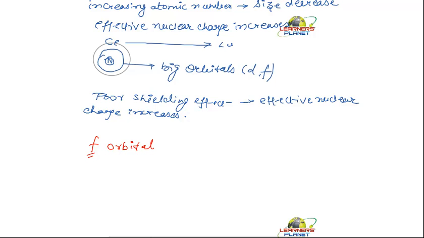No. Cerium will have 5d1, 4f1, sorry, 6s. Likewise, your lutetium will have f14. Likewise, the electrons are moving in what? f orbital.